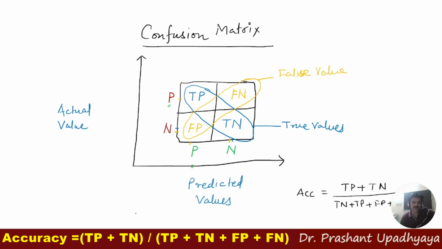This is the example of a two-class problem. If we take an example of three classes, we will have a 3 by 3 matrix.